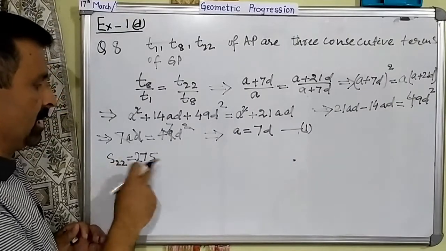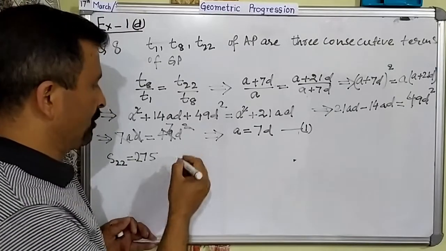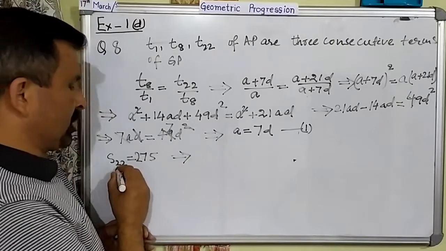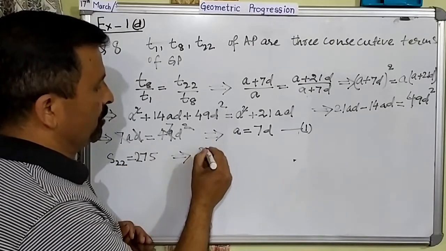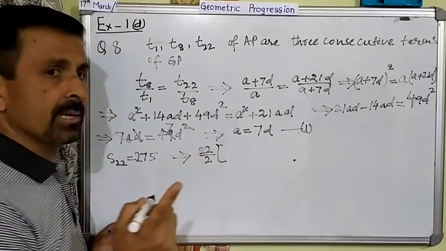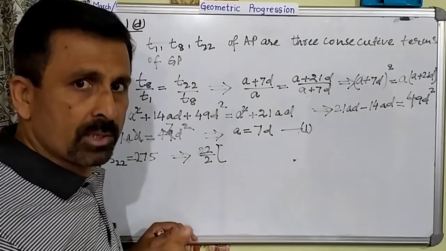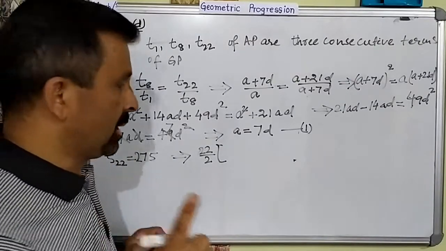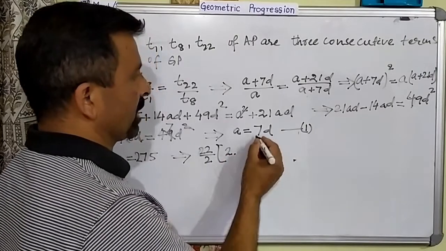Now since this is the sum of 22 terms of an AP, we can use the sum of AP formula. Here N is 22, so 22 divided by 2 into 2A. The sum of AP formula is N divided by 2 into 2A plus (N minus 1) into D. Now 2A, and A is what? 7D.